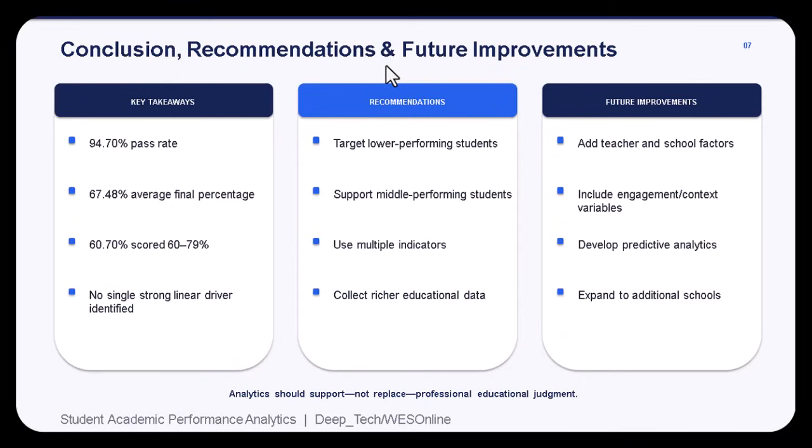To conclude, this project demonstrates how data analytics can support better educational decision making. We analyzed 5,000 students, identified a 94.7% pass rate, and found an average final percentage of 67.48%.